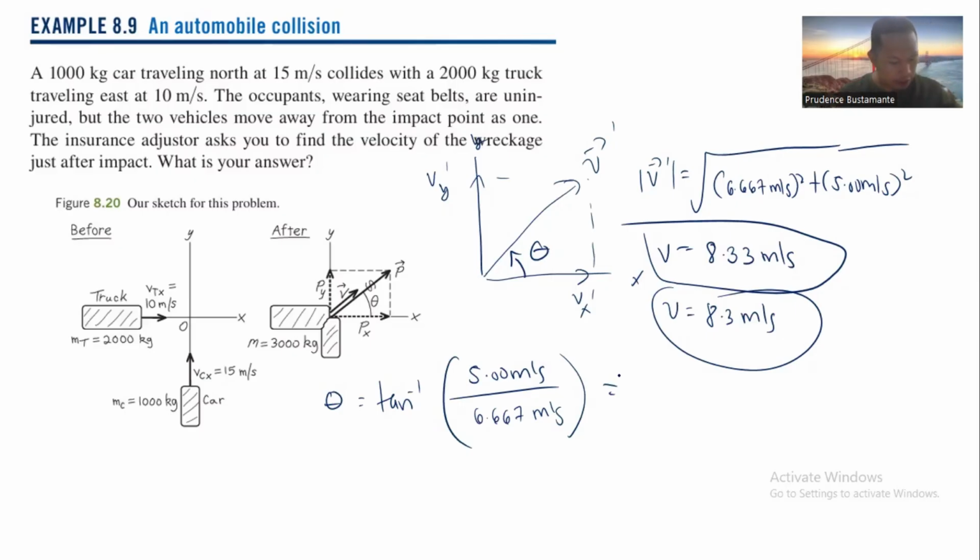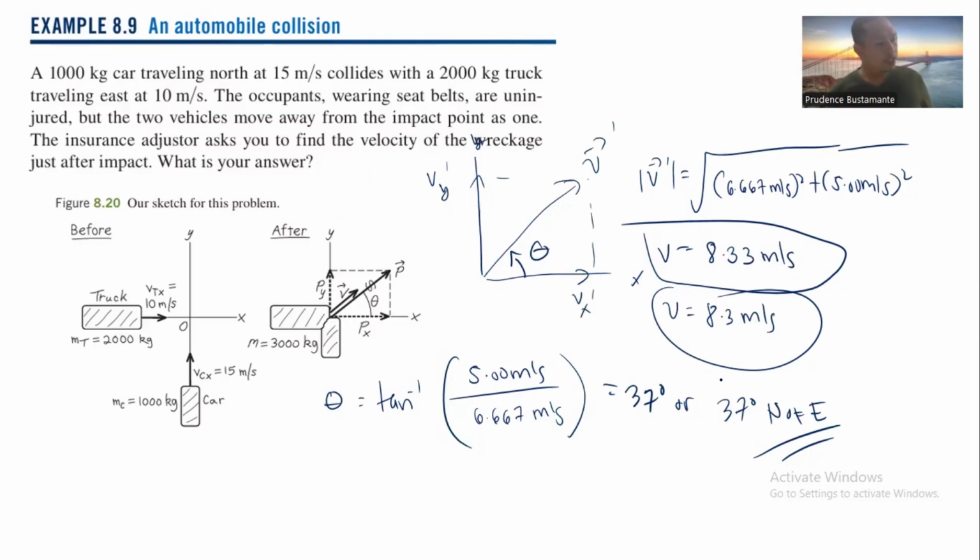This is equal to 37 degrees north of east. That's the direction. The magnitude is 8.3 meters per second.